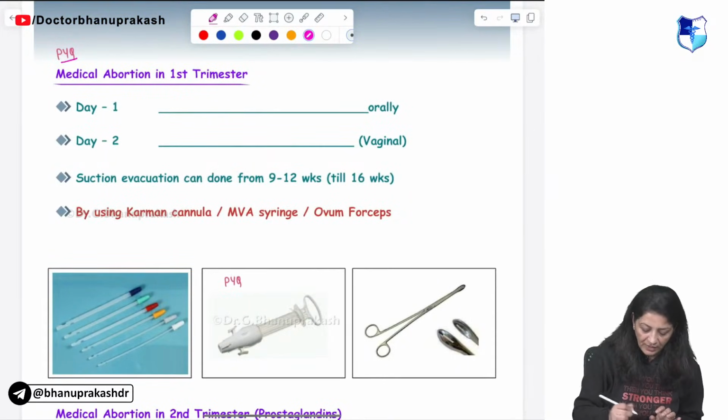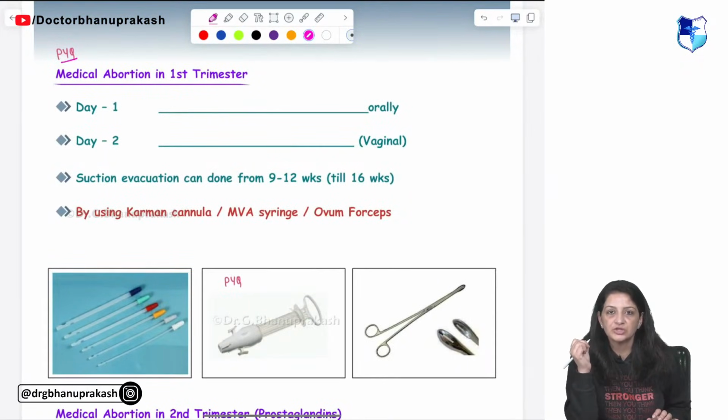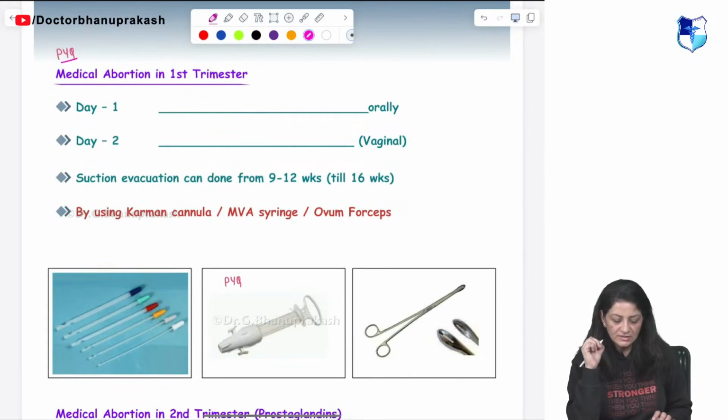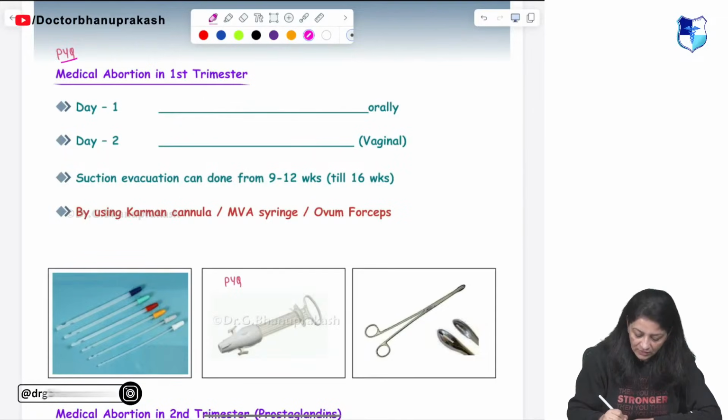Next one, PYQ: medical abortion in first trimester. On the first day, what is the drug?